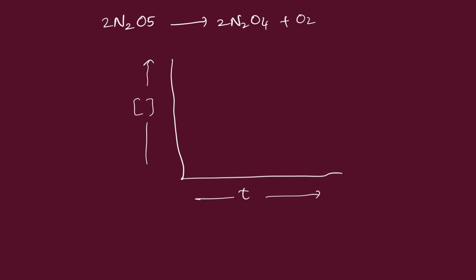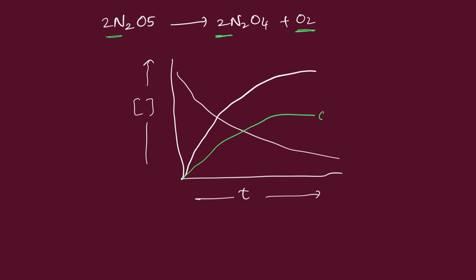The reactant decreases like this, and two products are there. One product increases in the same proportion. The second one, if you consider 2 mole here and 2 mole there, same proportion decrease and increase, but O2 is 1 mole, therefore this will be less than that one. This is O2, this is N2O4, and this is N2O5. So according to stoichiometry, the graph representation will also change.